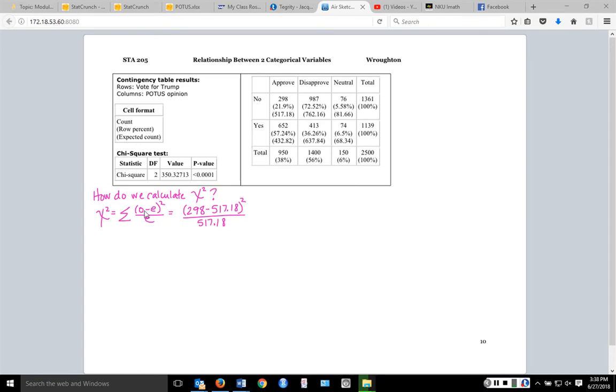Now where the sum part is useful, I've got to do the same thing for this next cell. But this time my observed count is 987, and my expected count is the 762.16. That same process. And I'm just going to do the same thing for each cell. So moving over here.